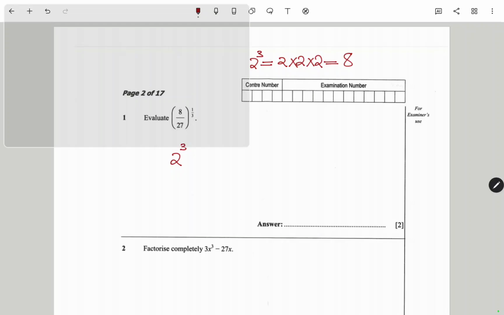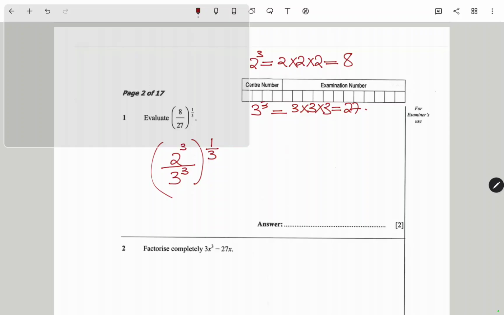Also, this 27 can be expressed as 3 to the power 3, which is 3 times 3 times 3, giving us 27. So we express this as 2 to the power 3 divided by 3 to the power 3, then everything is raised to the power 1 over 3.